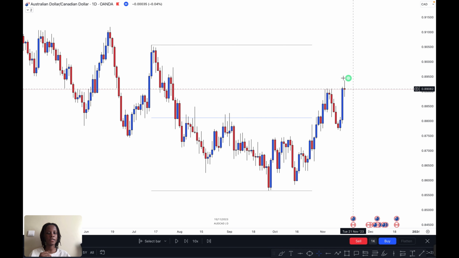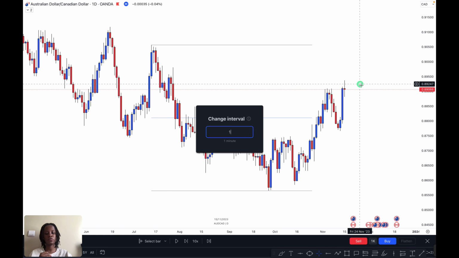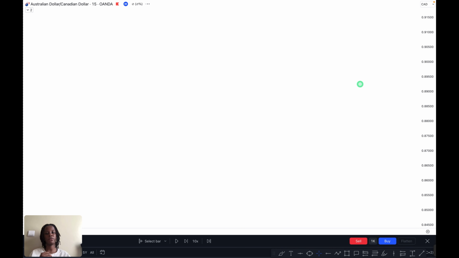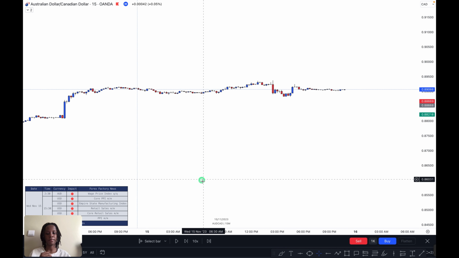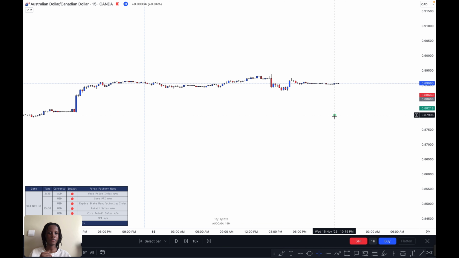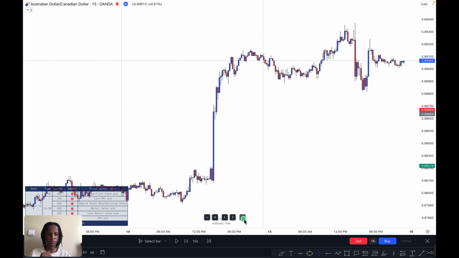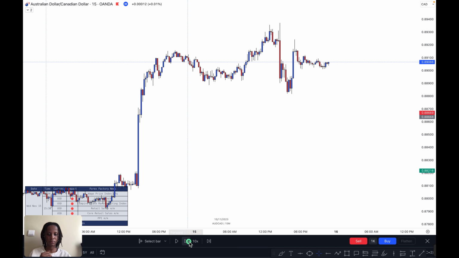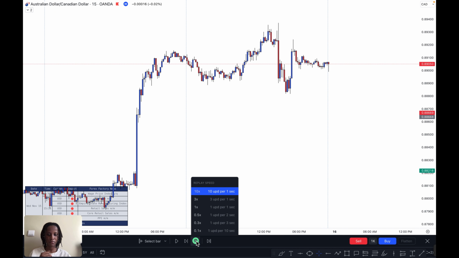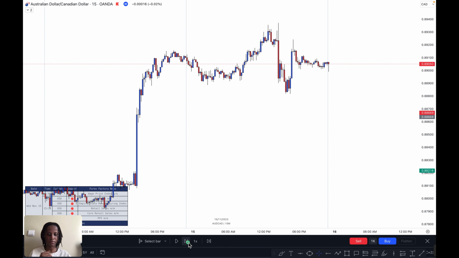And you can see the price is still in the premium. So what you do is you go to the M15 and see if you're going to get an entry from there. Let me reduce the speed.